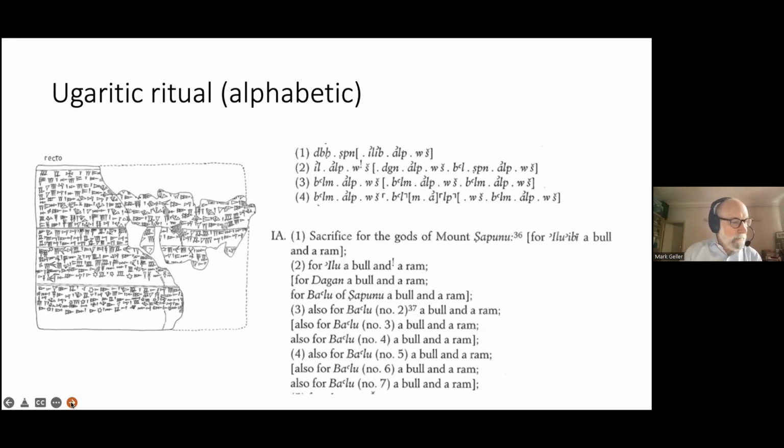First, alphabetic texts tend to be unilingual Ugaritic rather than bilingual. And it may be that these Listenwissenschaften were simply not a curriculum convention of scribes learning to write in alphabetic characters.